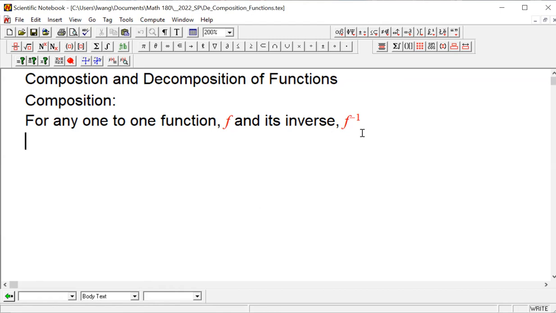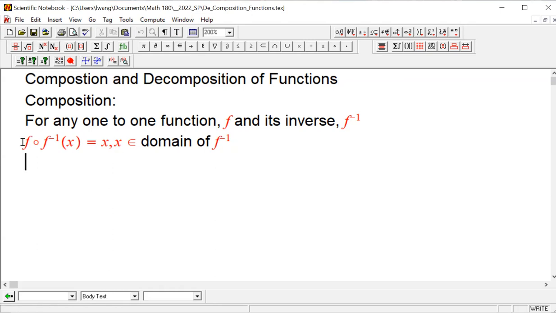One's domain is the other's range. And we also have that composition of these two functions, which equals x, if x is from the domain of f inverse. We are pretty familiar with it.